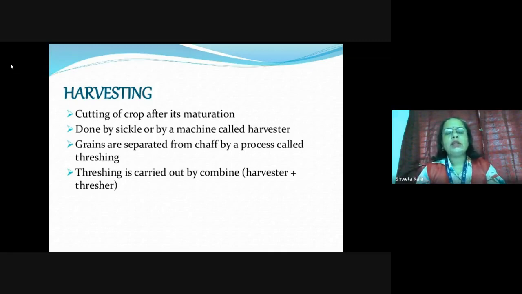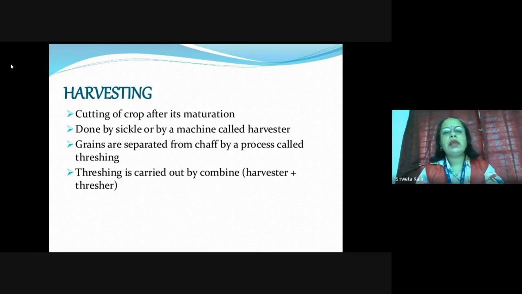After that, we can remove the grains from the chaff by the process called threshing. So in threshing, what is done? The grains are separated from the chaff with the help of an instrument called the thresher. So threshing is carried out by a combined harvester plus thresher.